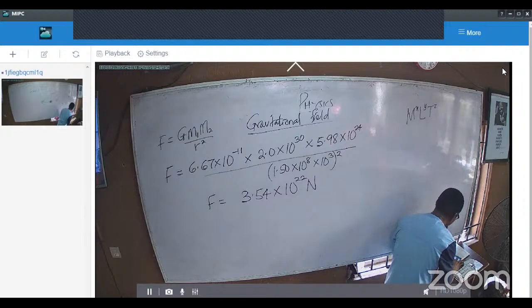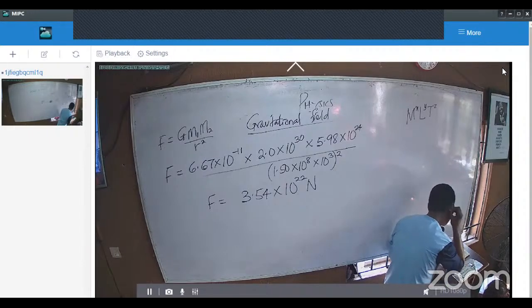Calculate the force of attraction between them. In bracket, G equals 6.67 times 10 power minus 11.